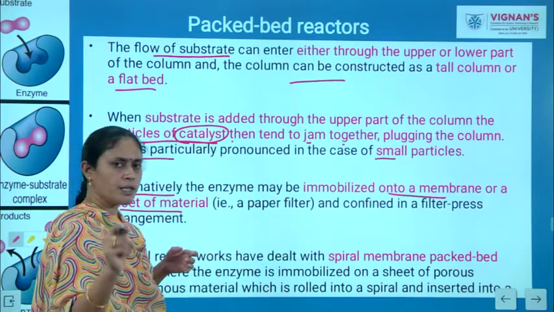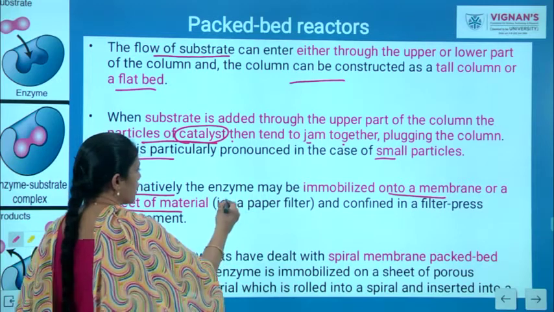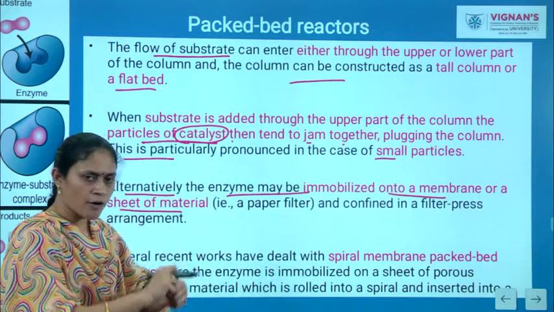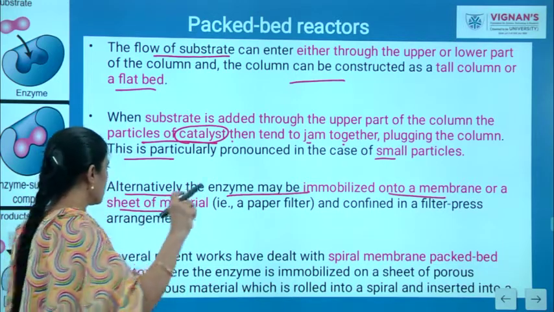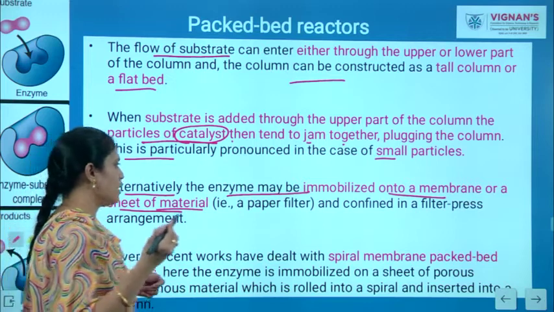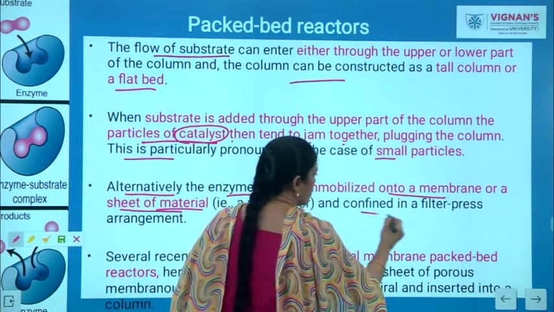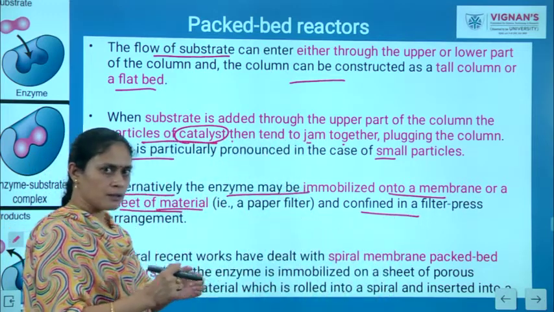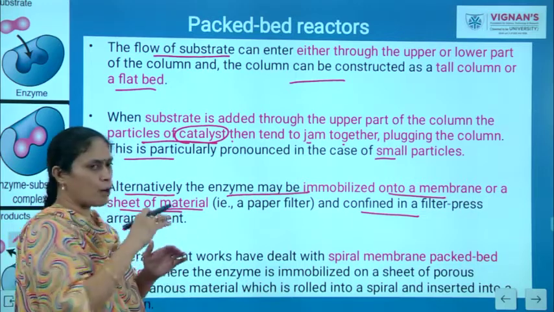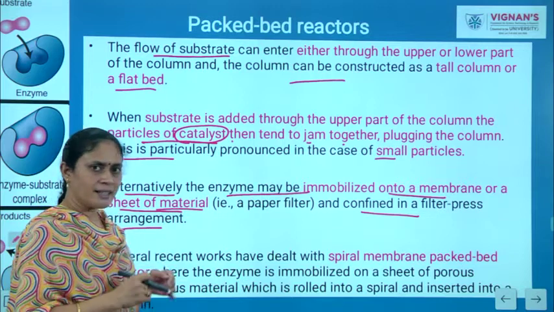So what we are doing is alternatively considering the enzyme in the immobilized form. We are immobilizing our enzyme with a support or any sheet material like paper, and we are confining that particular paper into the reactor, arranging it in a proper form and placing it in the reactor.